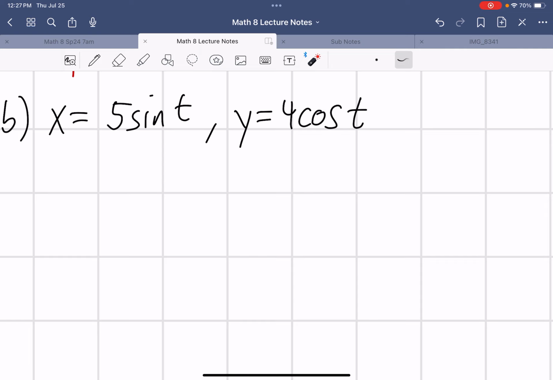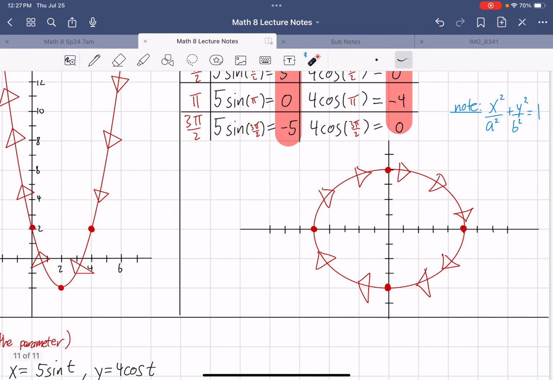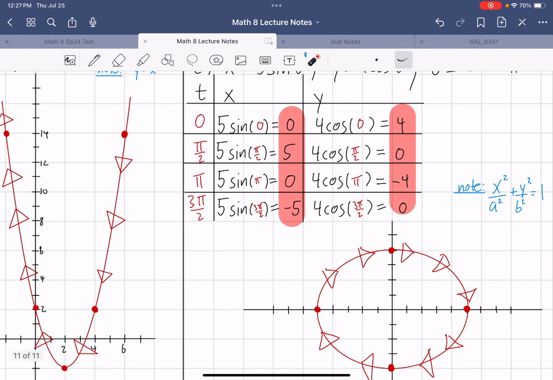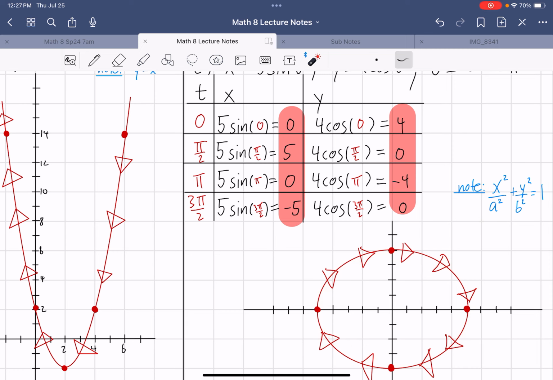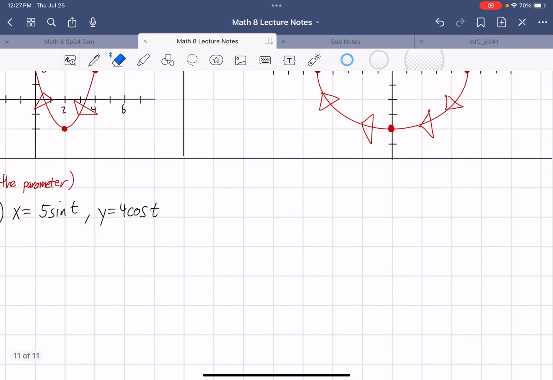Now, once again, the benefit of knowing the parametric curve and its movement is I know this shape. This is supposed to make an ellipse, which has the form of x squared plus y squared in its original rectangular form equation.